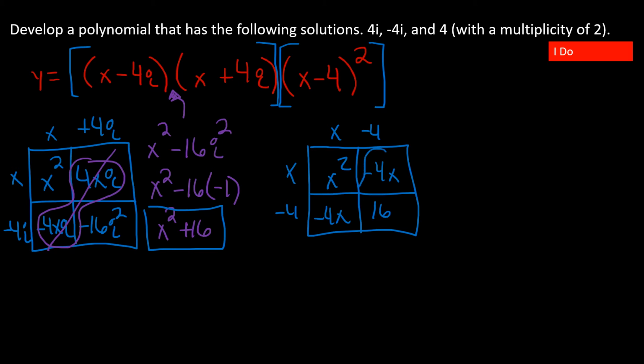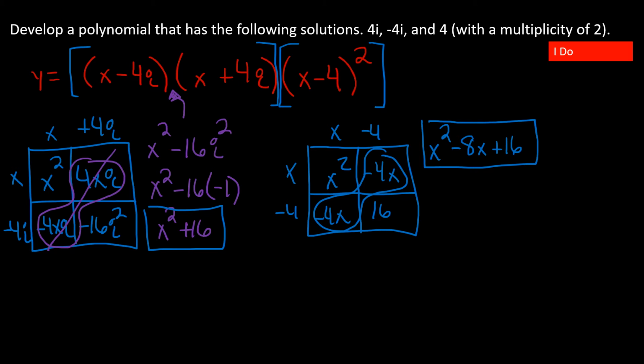So we would put these two factors together. Those do not simplify out. We have negative 4x minus 4x. So we end up getting x squared, negative 4x minus 4x would be negative 8x plus 16. And here's our other factor set.